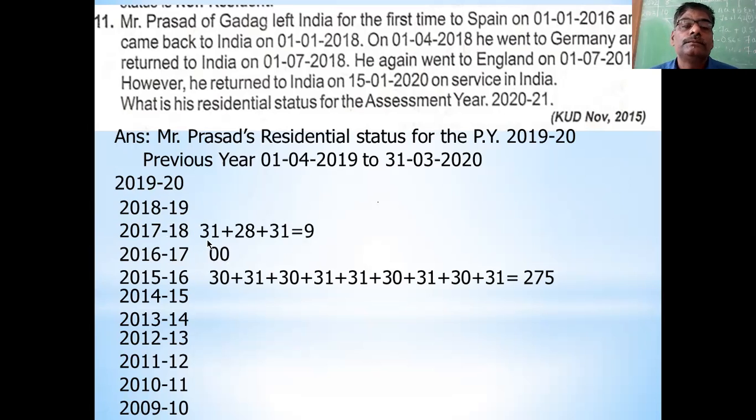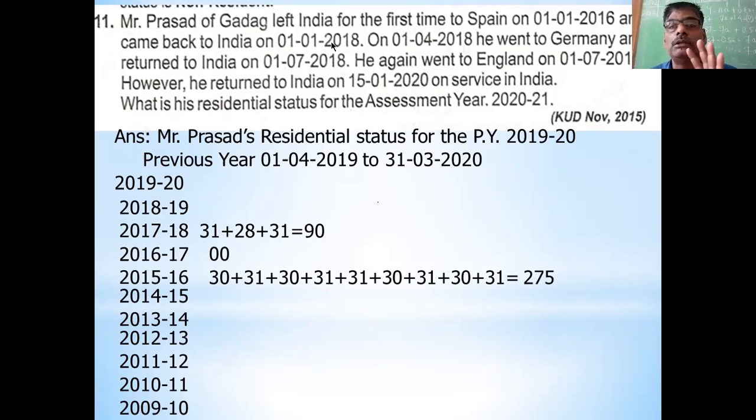In 17-18, you see here how many days he is in India? 17 starts on 1st April. In the month of April, he is not in India. March, okay. April, May, June, July, August, September, October, November, December, he is not in India.